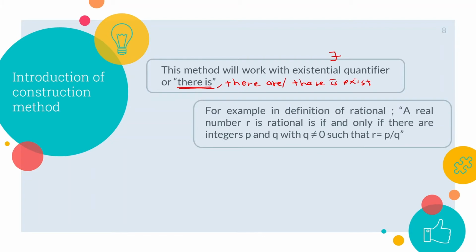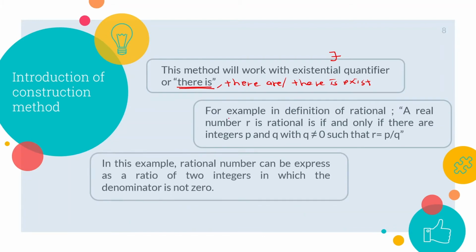So for example, in the definition of rational number, we have: a real number r is rational if and only if there are, this is the existential quantifier, integers p and q with q not equal to 0 such that r equals p over q. So in this definition, a rational number can be expressed as a ratio of two integers, p and q.